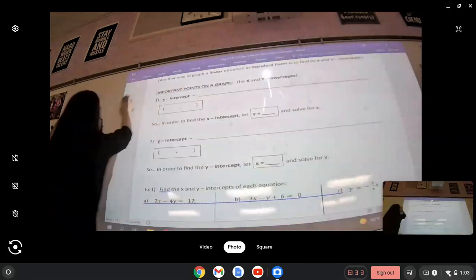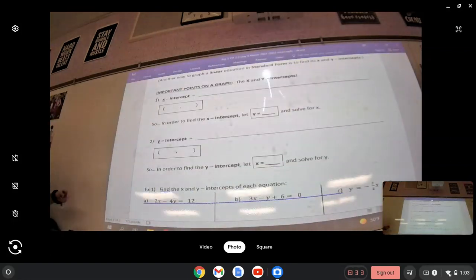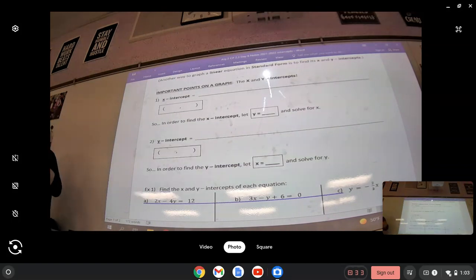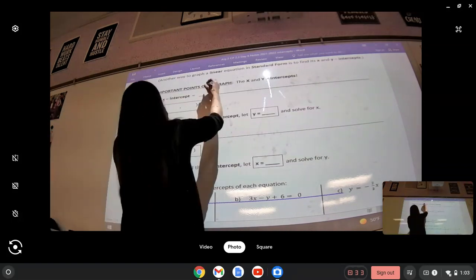All right. So important points on a graph are the x and y intercept. The x-intercept, by definition, is the point where the graph crosses over the x-axis.